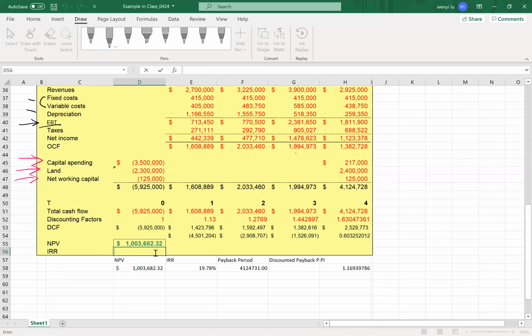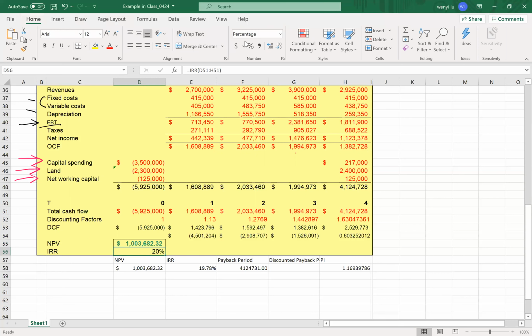And also we can solve the IRR. Choose all the cash flows into the bracket. That's equal to 20%, and you can add more decimals if you want, that's 19.78%.